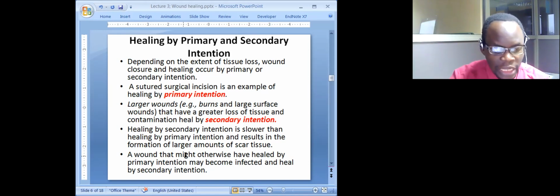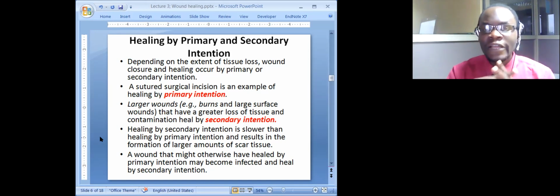A wound that might otherwise have healed by primary intention may become infected and therefore heal by secondary intention. So what are the prerequisites for healing by primary intention? The wound must be clean, it should not be infected, and there should also be minimal tissue loss.